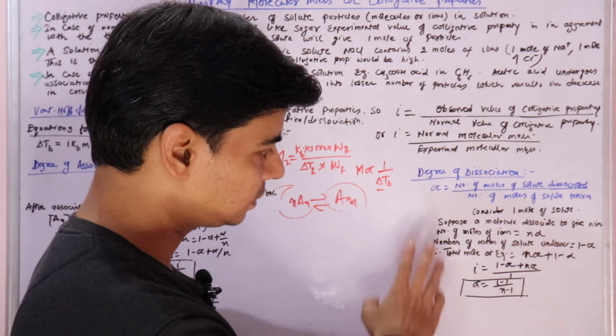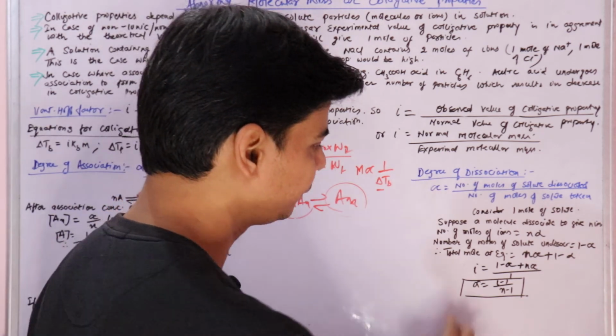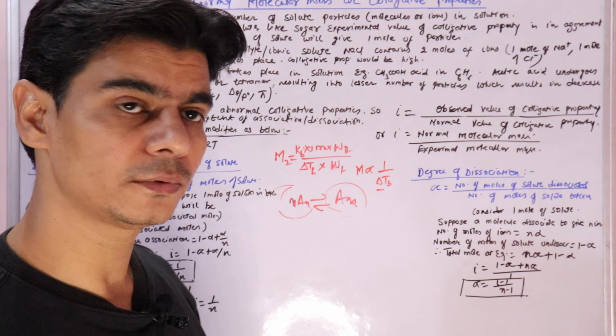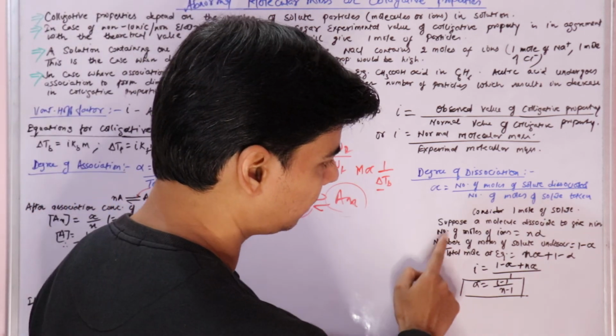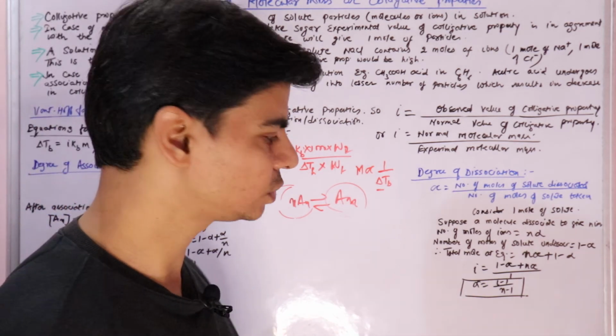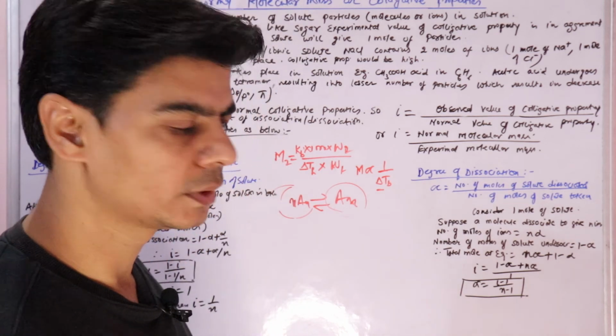The number of moles of ions would be n alpha, where alpha is the degree of dissociation. The moles that are undissociated would be 1 minus alpha.